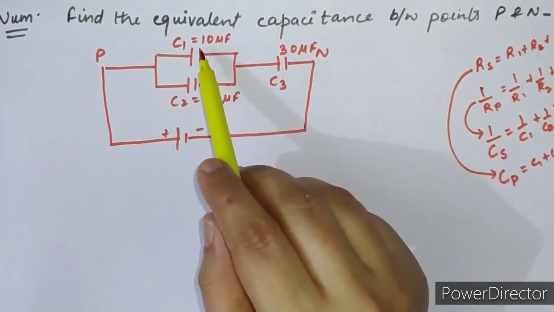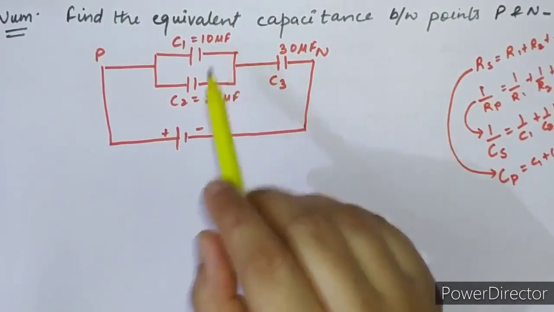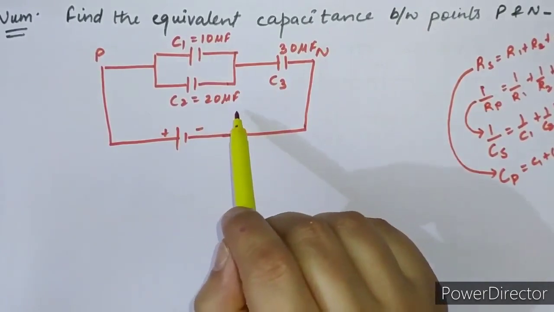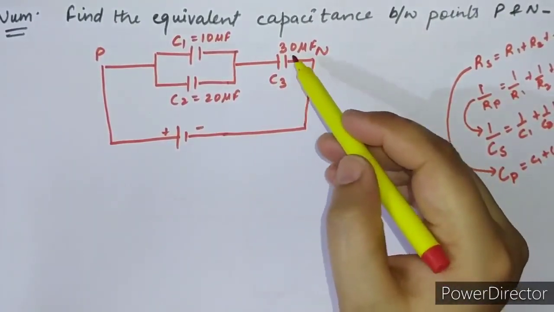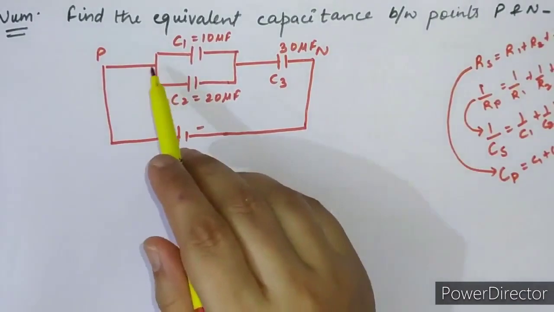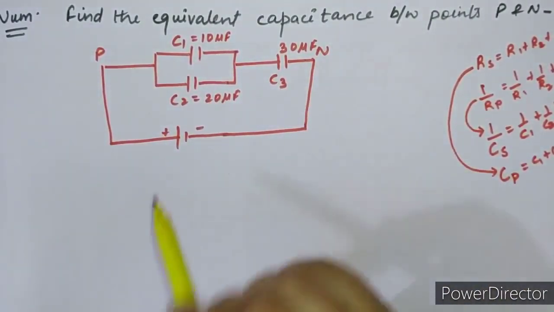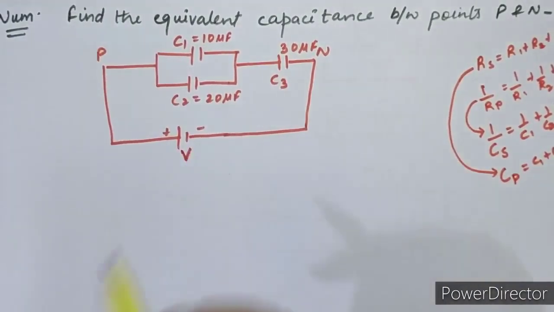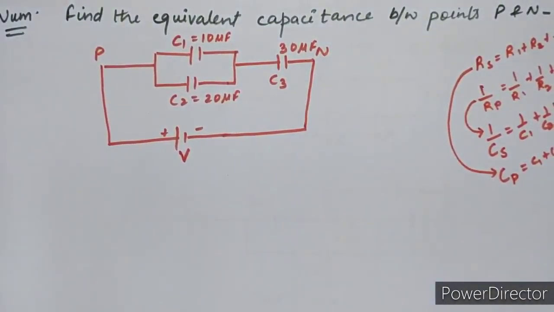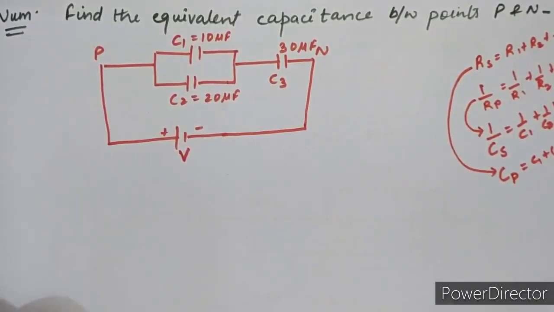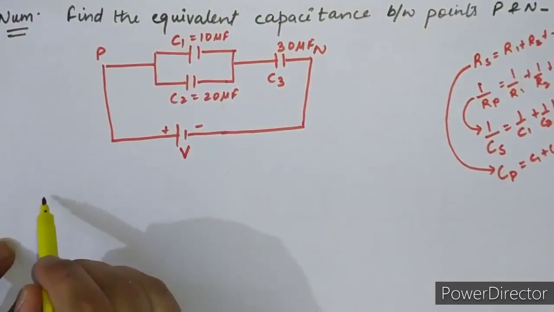C1 has a value of 10 microfarad, C2 20 microfarad, C3 30 microfarad, and the points are connected with the terminals of a battery, positive and negative, having a potential V. We have to focus on the values of capacitance because we have to calculate only the equivalent capacitance between the points P and N. So here I am solving it.